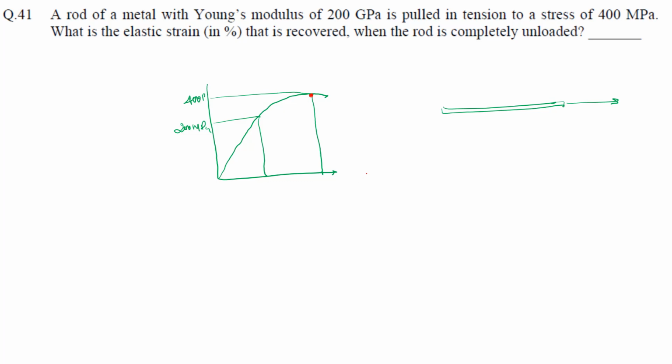So this will follow a path which is parallel to this elastic line. Then the final length of the specimen remains as this one. So this is the recovery, right?